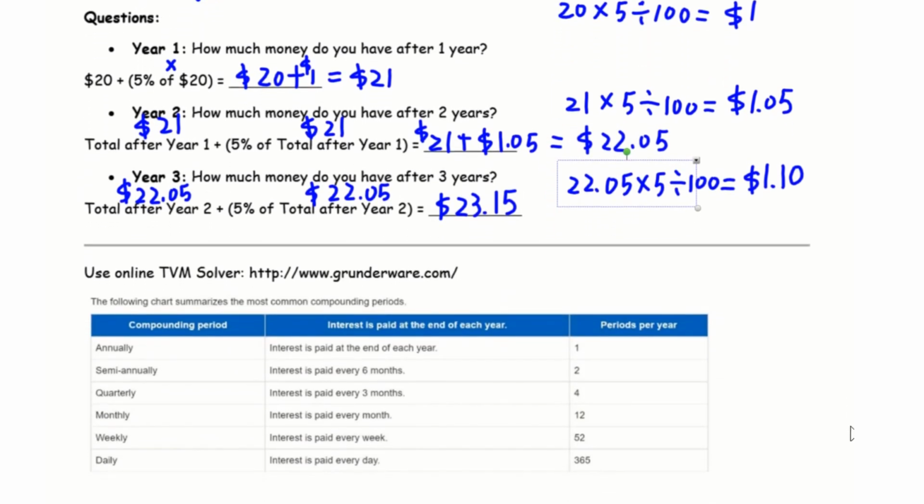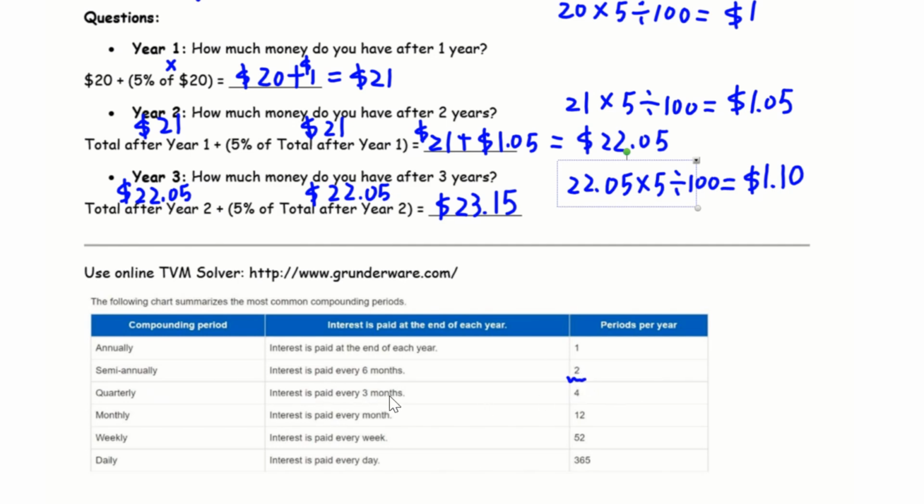We do have a TVM solver, an online calculator we can use to do the calculation. Here are some of the most common compounding periods. The interest is not always calculated every 1 year. If it is every year, we call it annually. If the interest is paid or calculated every half a year, we call it semi-annually, and you need to know that semi-annually the interest is paid twice.